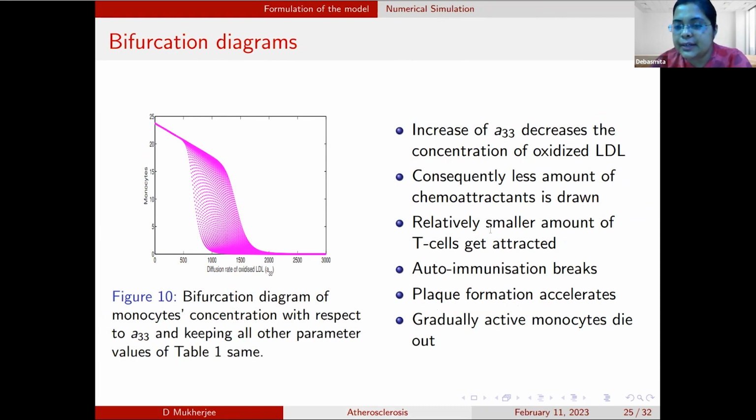That is how it is connected: a relatively smaller amount of T cells will be attracted, and it will break the autoimmunization process, and hence the plaque formation will accelerate. That's why the bifurcation diagram has been obtained, and bifurcation shows the transfer from stable to unstable nature for any dynamical system.